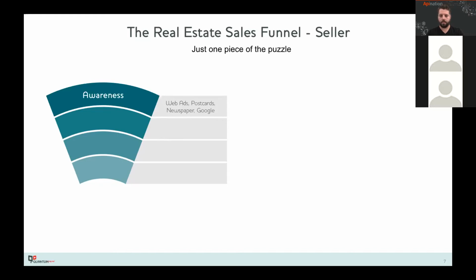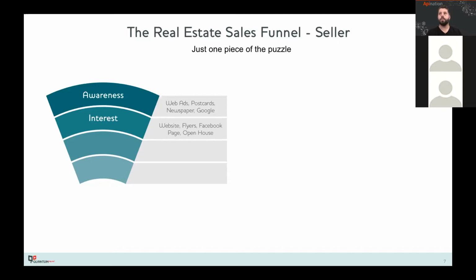But whenever you're talking about just getting folks into that awareness funnel, we can work in tandem with your web ads, with your newspaper ads, your Google AdWords search. As folks work through, they're going to show a little bit of interest. Whenever I say website on here, we offer digital assets, website redirects, and things like that.